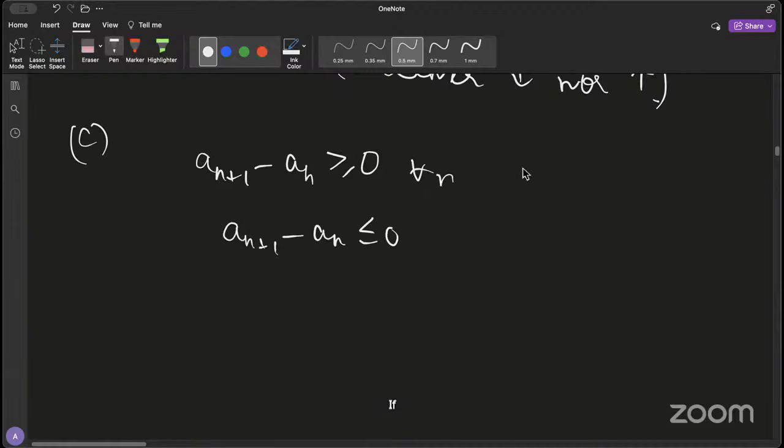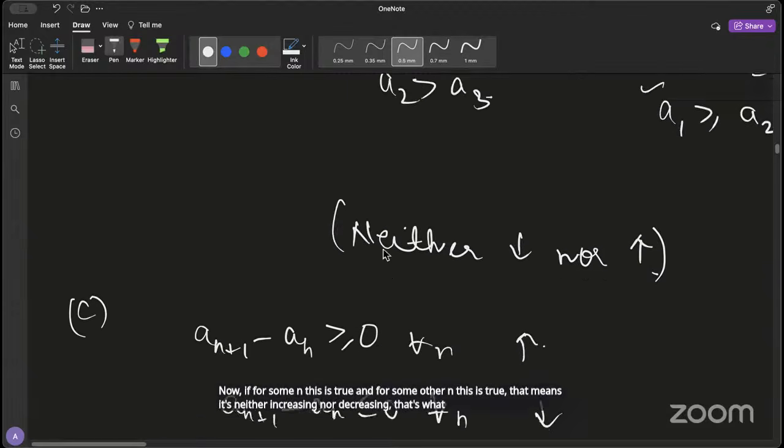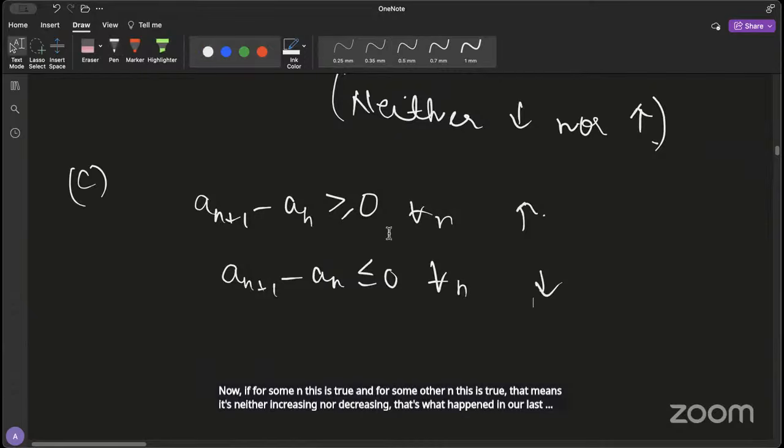If this is true for all n, then it's increasing. If this is true for all n, then it is decreasing. Now, if for some n this is true and for some other n this is true, that means it's neither increasing nor decreasing. That's what happened in our last case.